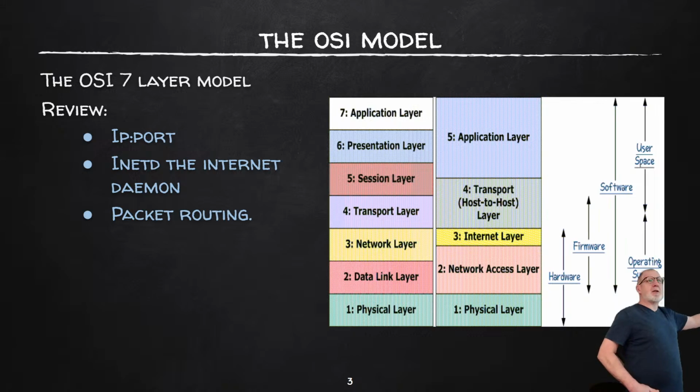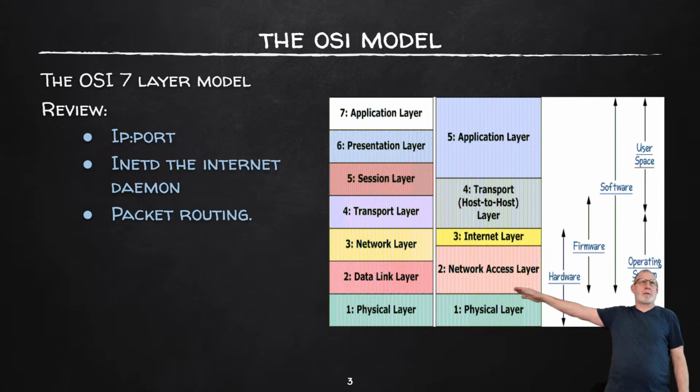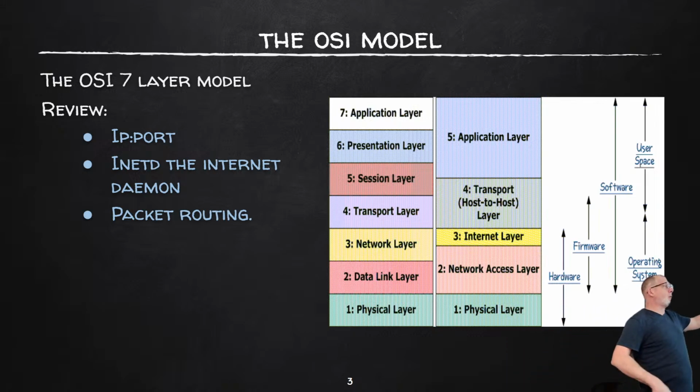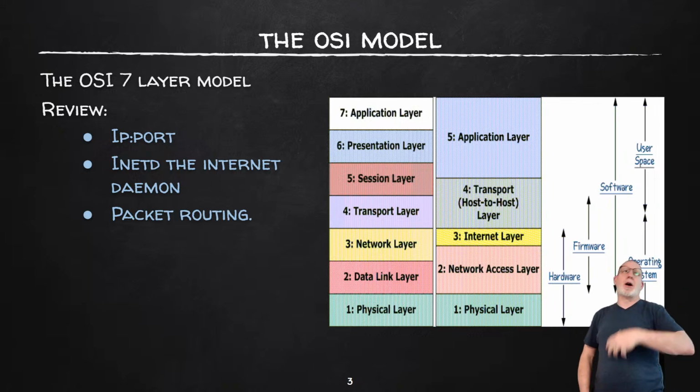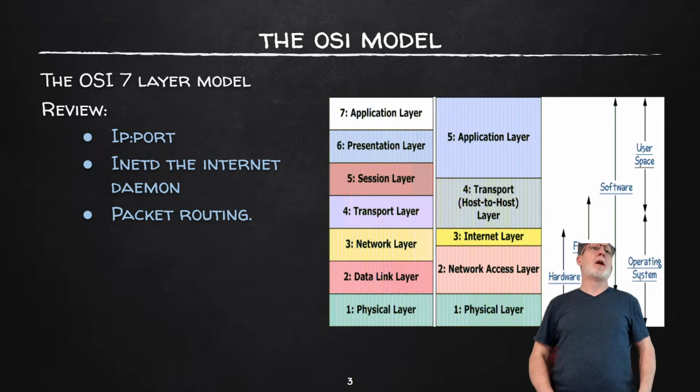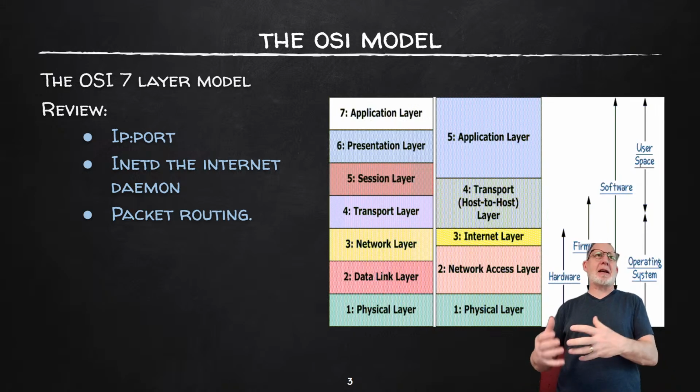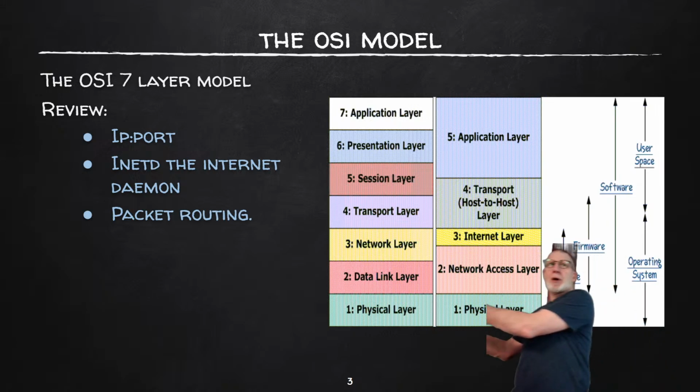And the configuration file is a list of port numbers and programs. When someone tries to connect on this port number, I run this program to answer. So the biggest one that we're interested in here is on a Unix server, on a web server, port 80 and port 8080 are mapped to the web server.